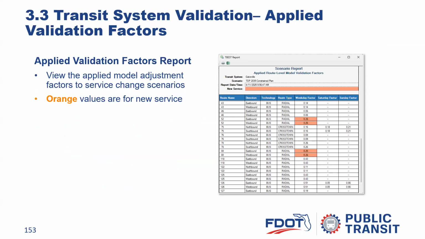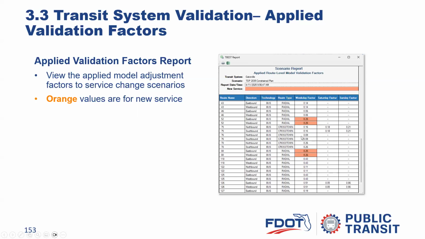So basically, it will take an average of all of the routes of the same type or technology, like bus or rail, and the same route type, and create an average adjustment factor for all the routes that meet that criteria. So then you get an average adjustment factor for any new routes, right? For weekday, Saturday, and Sunday service.